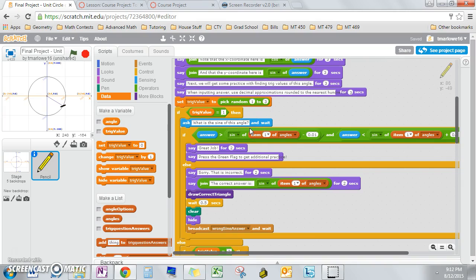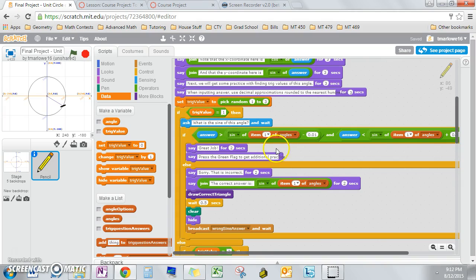So you're going to have to type in a decimal approximation. And since Scratch is a little funky with the way it gives its answers, we gave it a leeway of 0.01 on either side of the correct answer. That way, as long as you're pretty close, it's still going to count it as correct. So take a look at that Boolean operator and see if you can make sense of that.